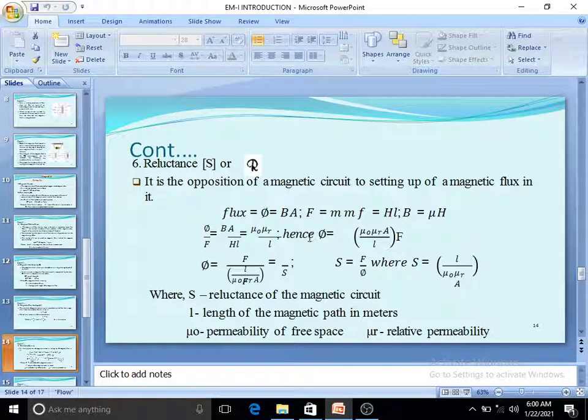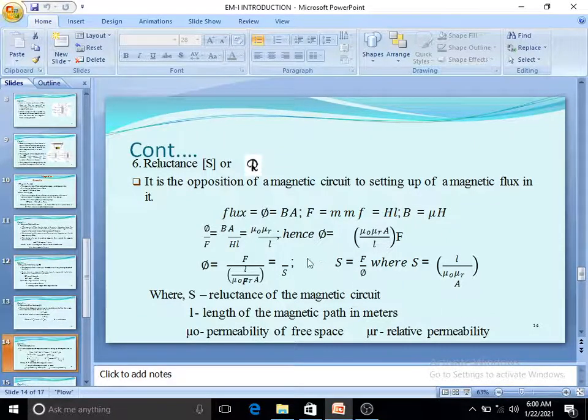So just substitute mu H instead of B, where mu is mu naught into mu R. Mu naught is the permeability of free space and mu R is the relative permeability. Mu naught value is 4 pi into 10 to the power of minus 7. Mu R, if it is an air medium, then mu R value should be 1, or else for some other medium they will mention the mu R value.